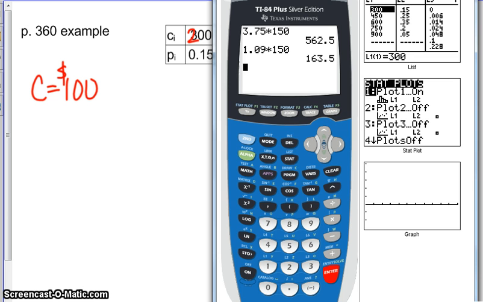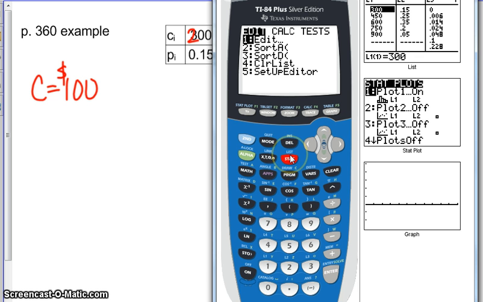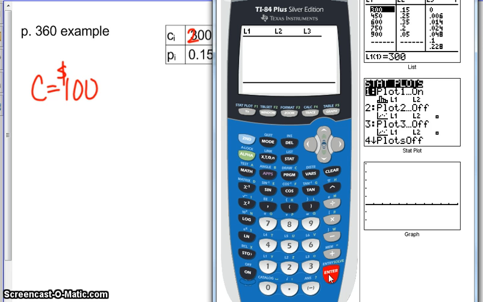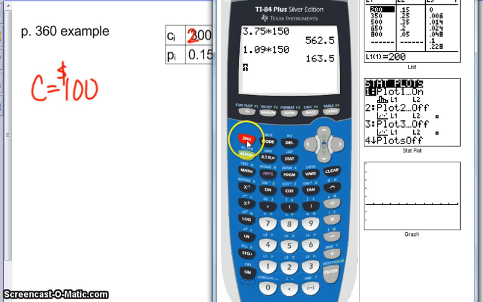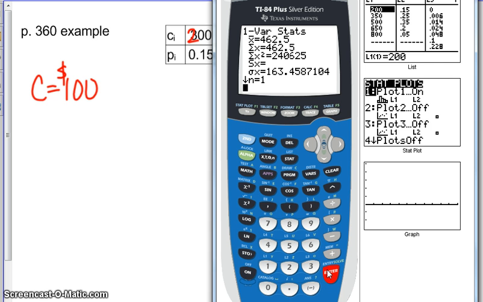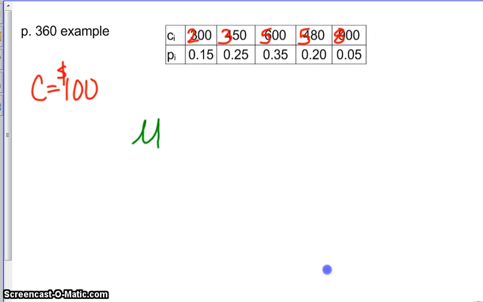Now, I want to come up again with my mean and standard deviation. So again, yes, I could go to the calculator, change this list, and then go back in and recalculate my mean and standard deviation. 462.5, my mean.